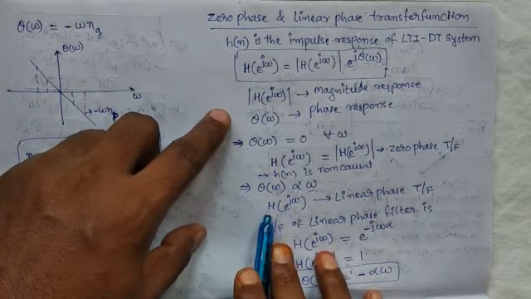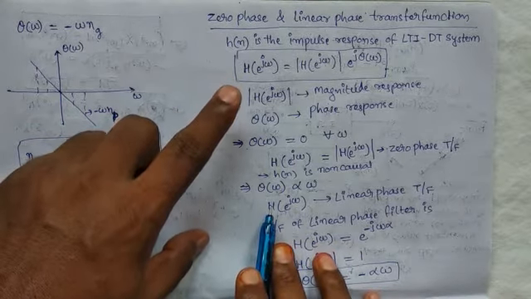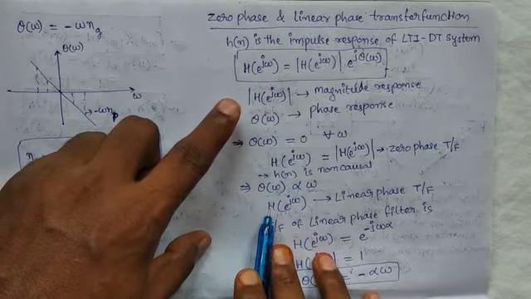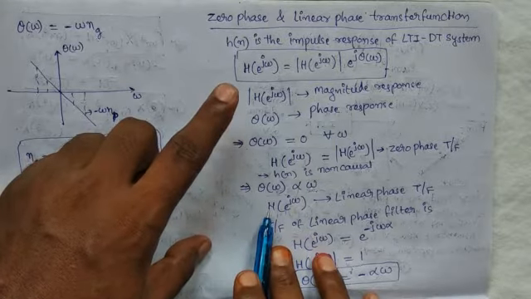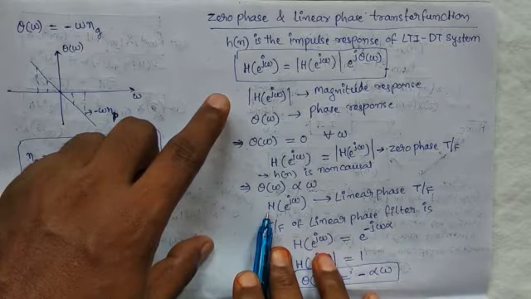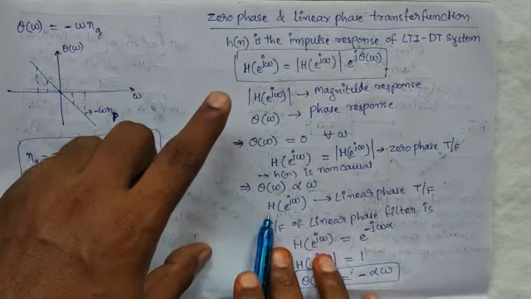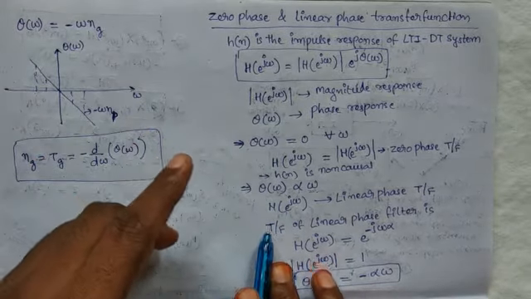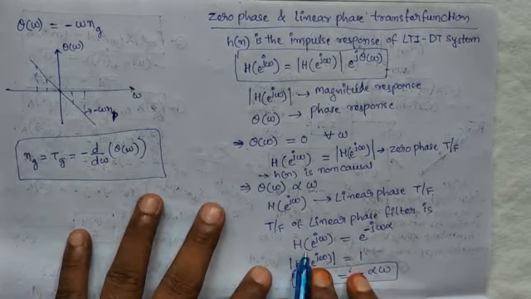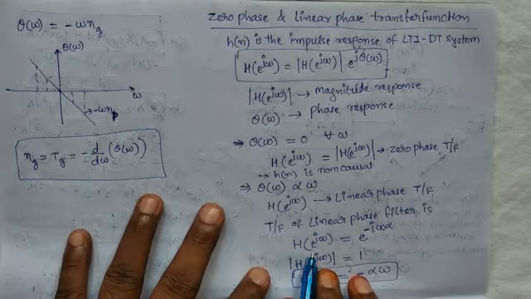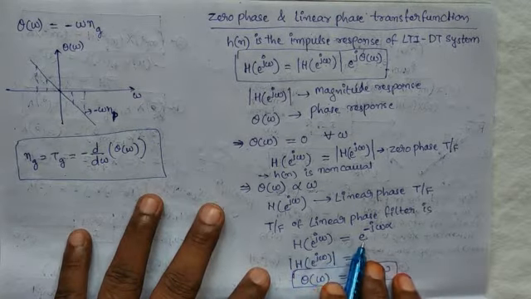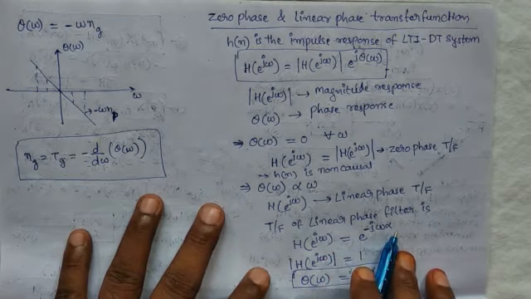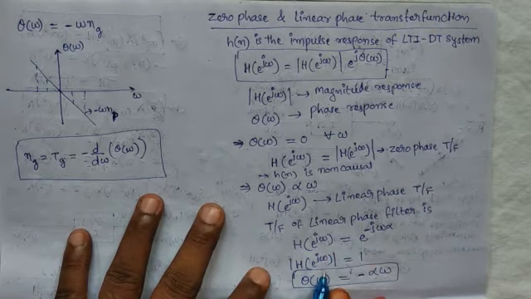The linear phase transfer function of the system, or linear phase FIR filter, can be expressed as h of e power j omega is equal to e power minus j omega alpha. Here the magnitude is 1.